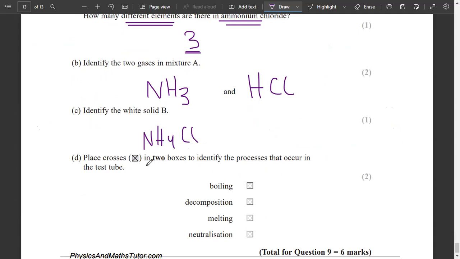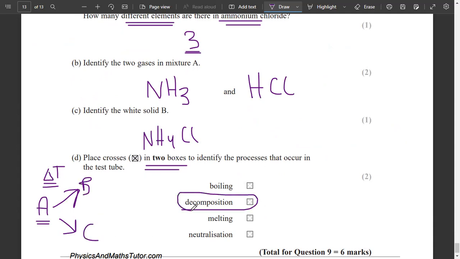Place a cross in 2 boxes to identify the processes that occur in the test. कौन-कौन से process हो रहे हैं test में? One thing I need to tell you here. When one substance, without reacting with anything, only breaks into 2 other substances with the help of heat, और जब एक ही substance 2 substances में break down हो जाती है, we call it decomposition.